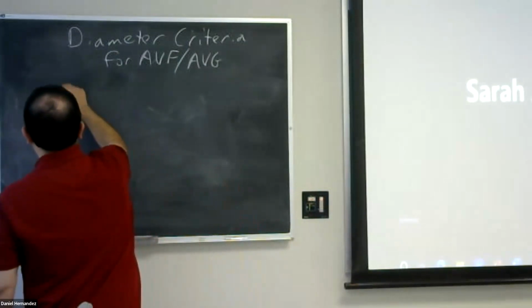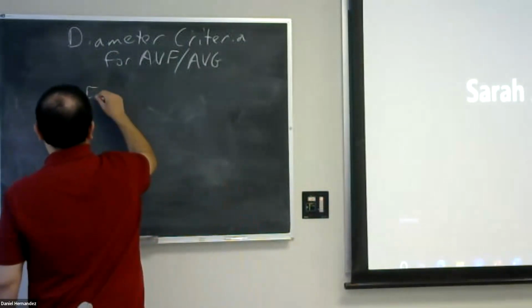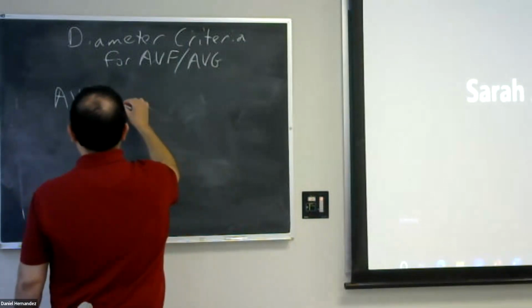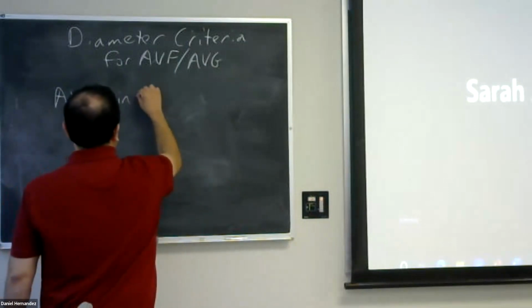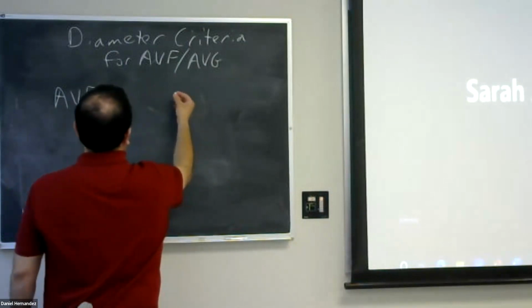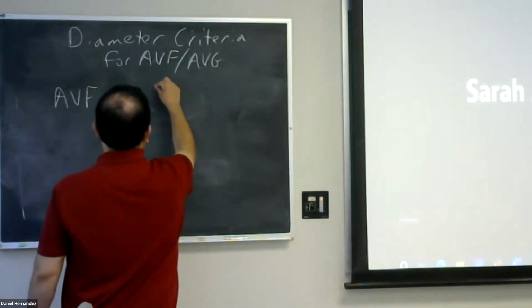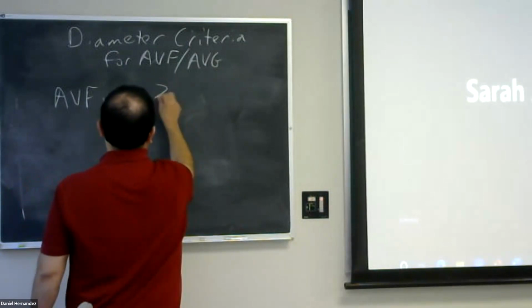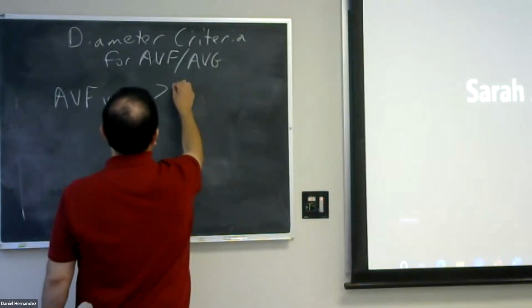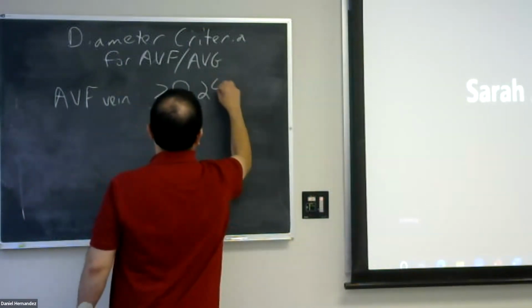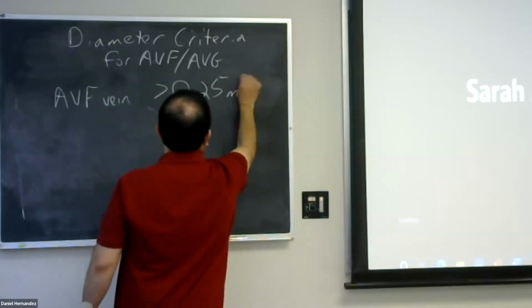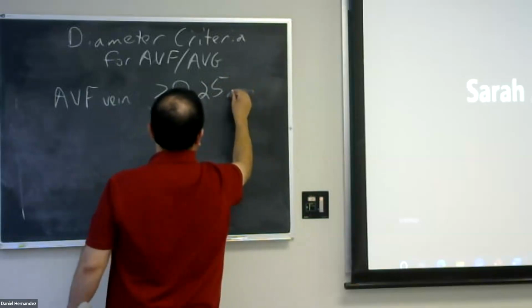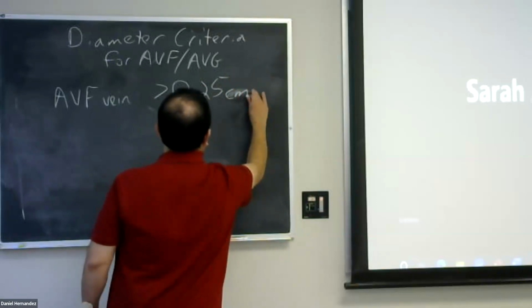So for an AVF, the vein needs to be greater than 0.25 centimeters.